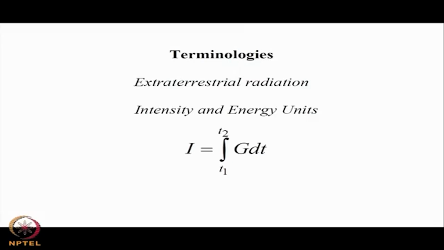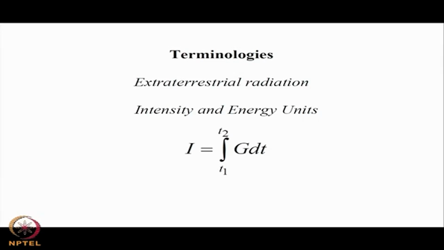Mathematically you have certain problems, and then orientation wise you will have certain problems, and most of the algorithms that are in general written from 23 to 66 degrees of latitude do not work at lower latitudes and at higher latitudes. First thing is extraterrestrial radiation, intensity and energy units.